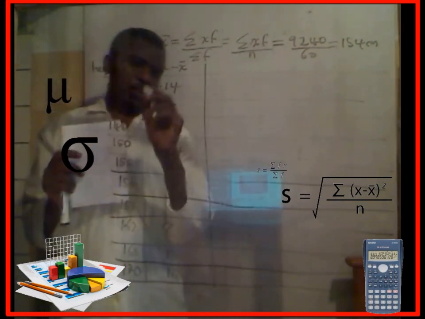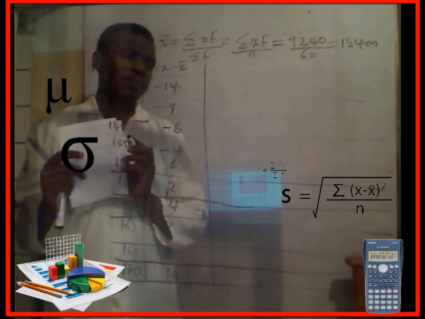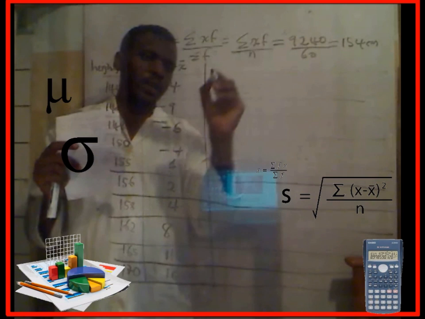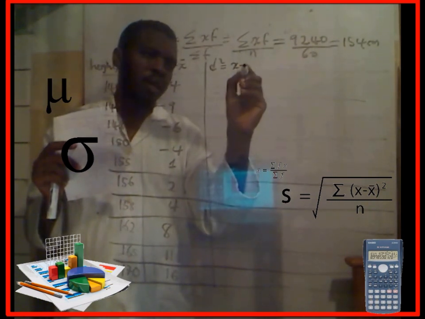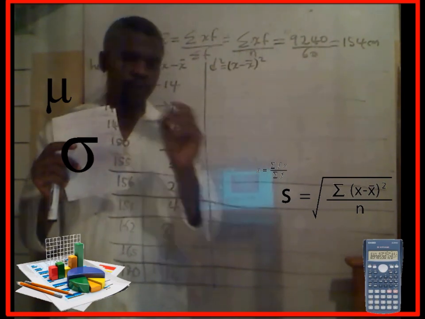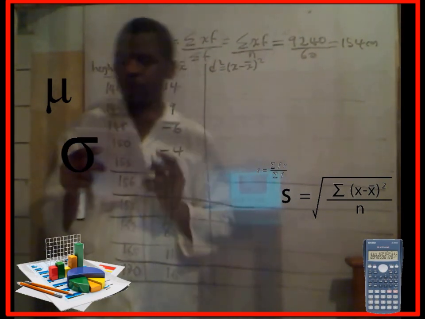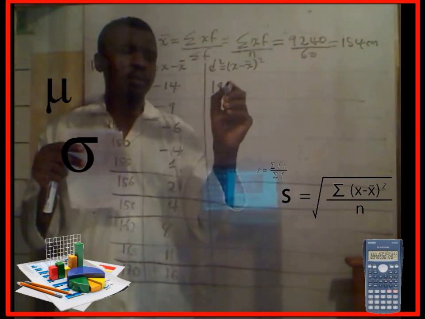So we need to calculate the square of this deviation. So here, d square, which is actually x minus x bar all squared. So let's square this. What is minus 14 squared? This gives us 196.